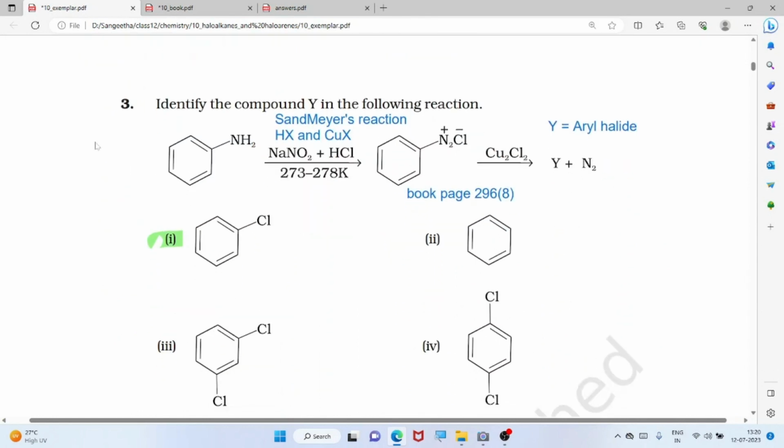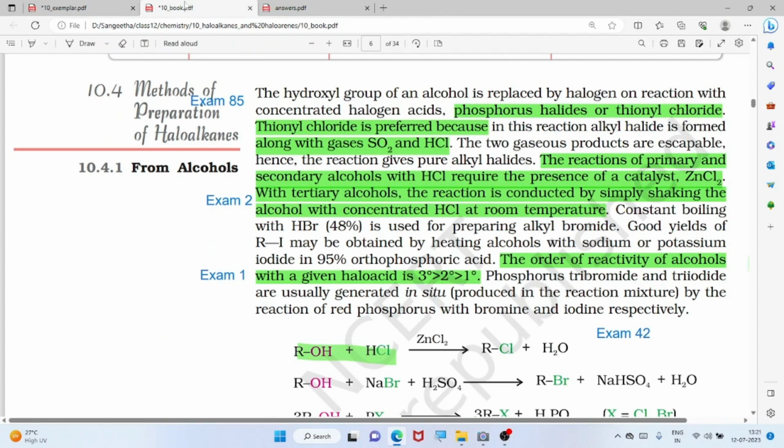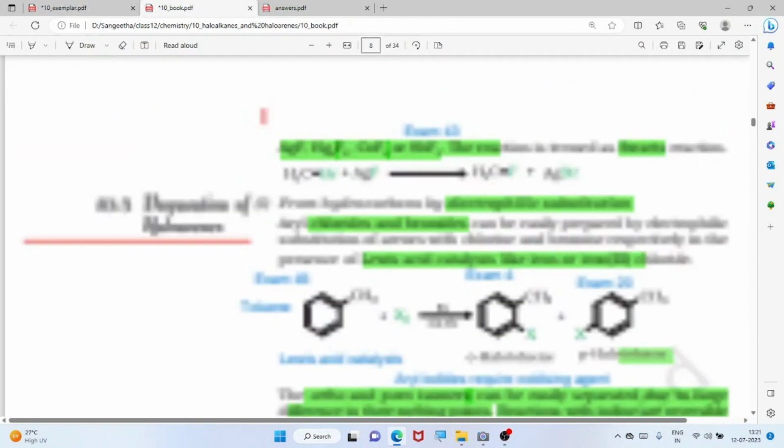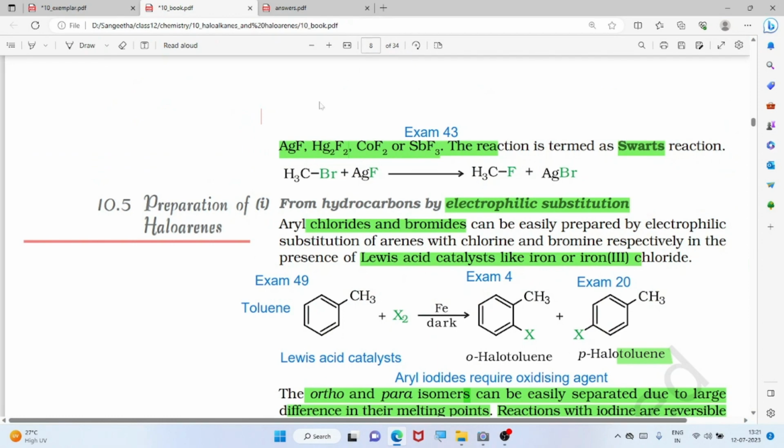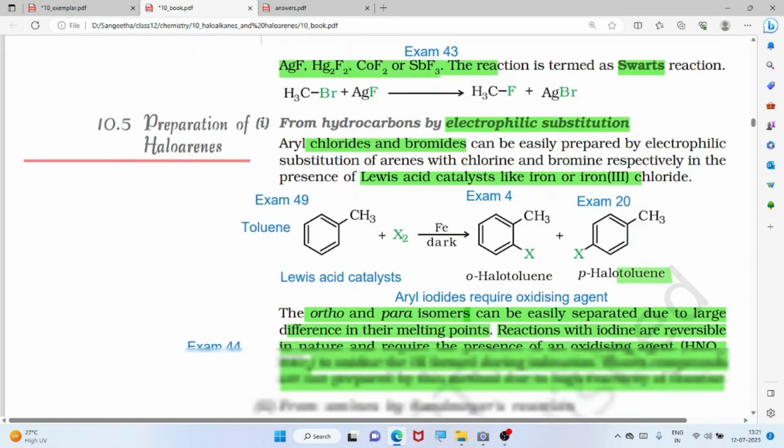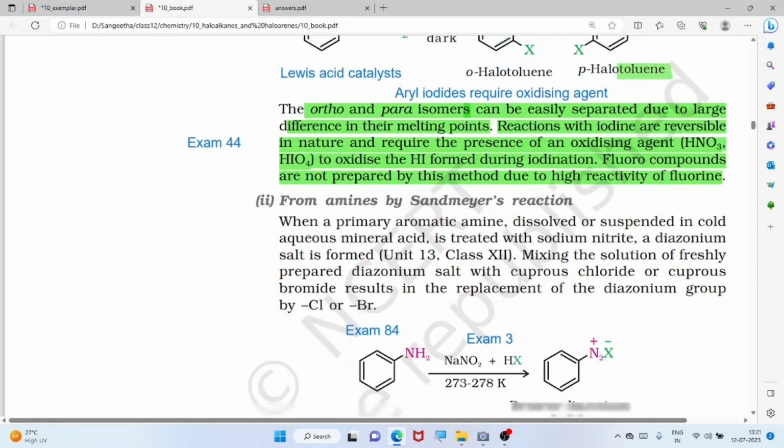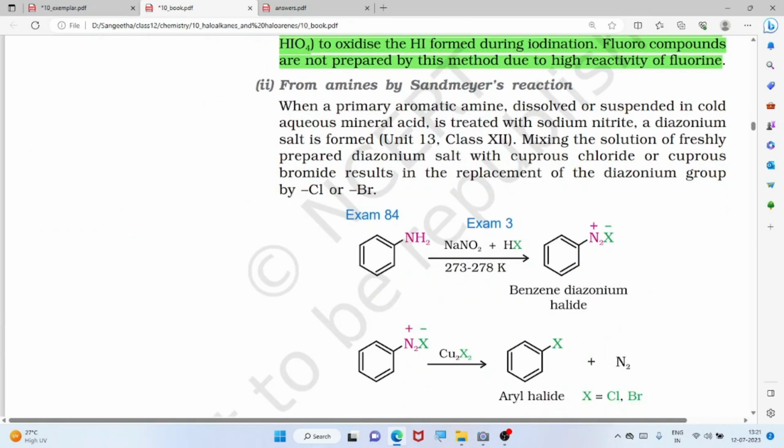Identify the compound Y in the following reaction. This is Sandmeyer's reaction. HX and CuX are involved in this. This is an aryl halide. So this is the reaction.